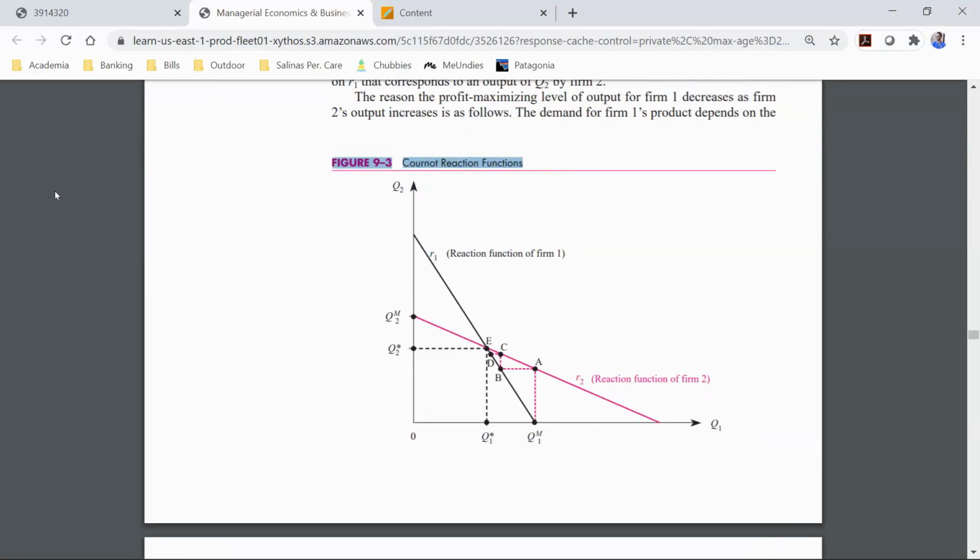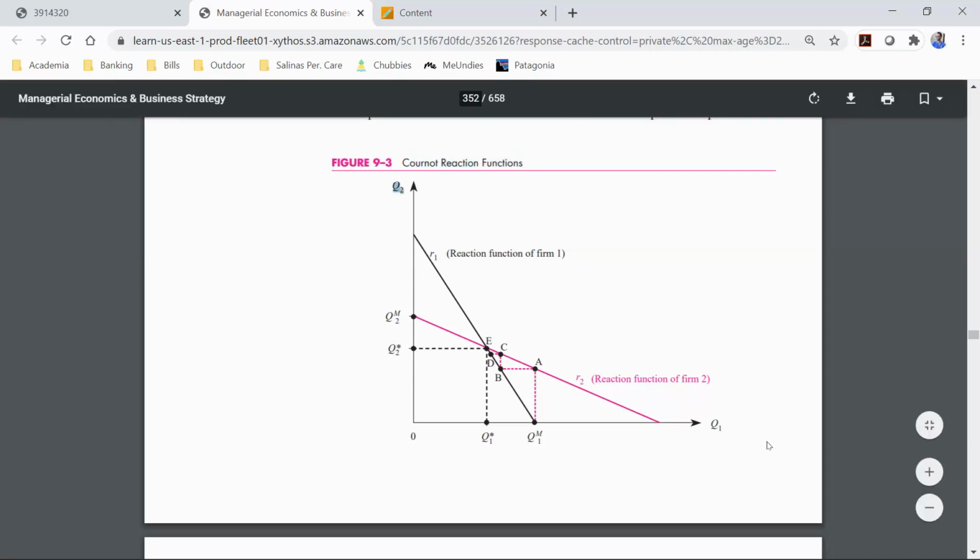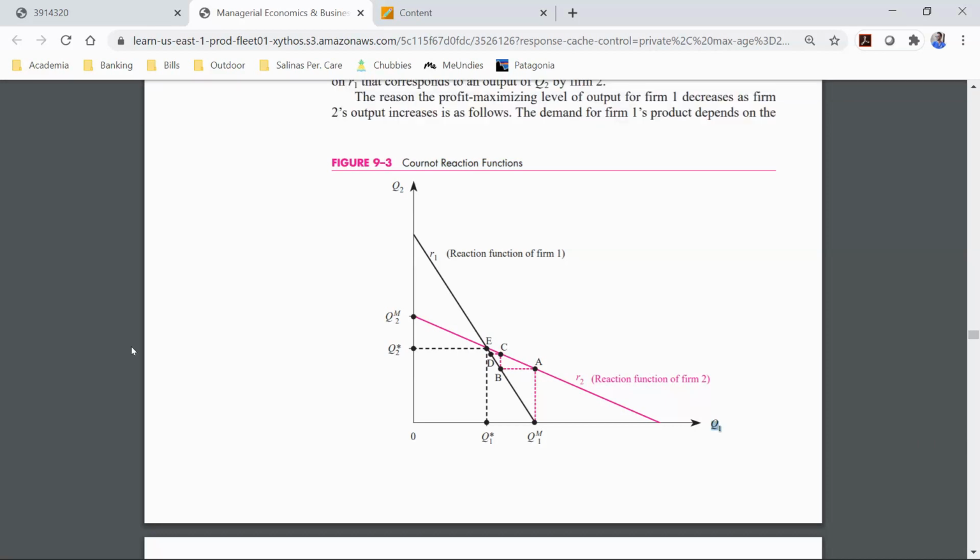Alright, so there you go. You see two Cournot oligopolists, and then on the y-axis is firm 2's output, which is Q2. Alright, and the other firm is output Q1. So these are both the firms' outputs on the same graph.